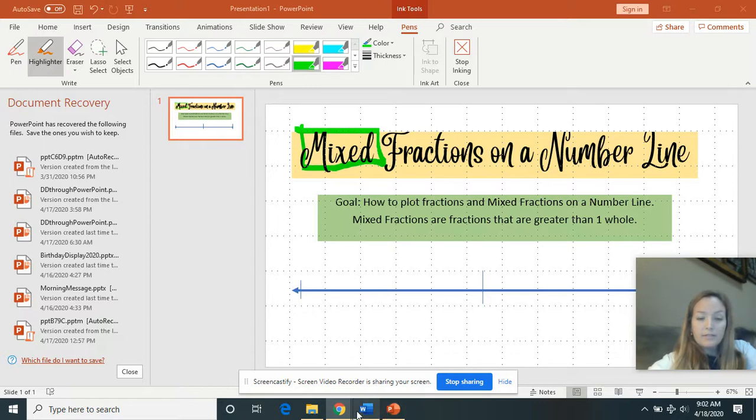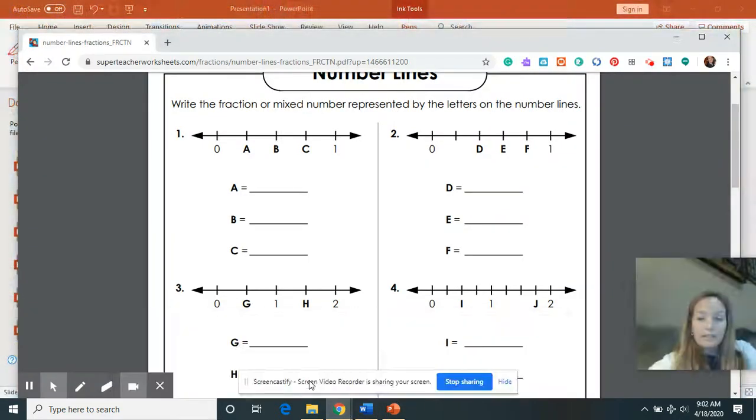So I'm just going to move back to my screen here, and we're going to be warming up with fractions here on our number line. We're going to get our pen, and here we are challenged to place the fractions on a number line.